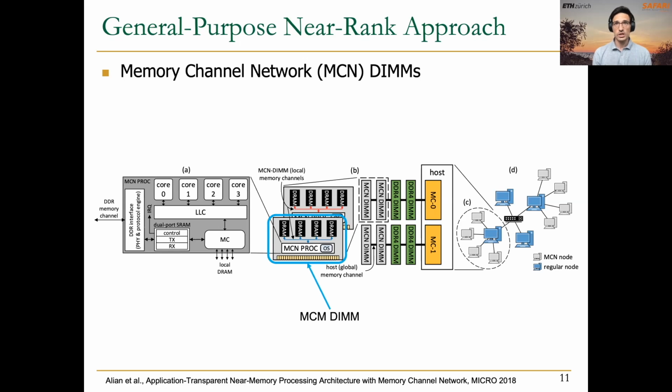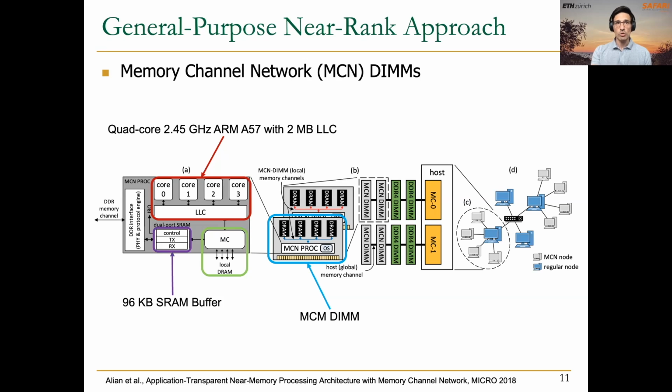In each of these DIMMs, you can see that together with the DRAM chips, there are some small processors. In particular, what they tested is ARM processors with 4 cores and their own last level cache. These ARM processors can access their local DRAM, the chips in their own DIMM, but they can also communicate with the host processor by using this SRAM buffer.